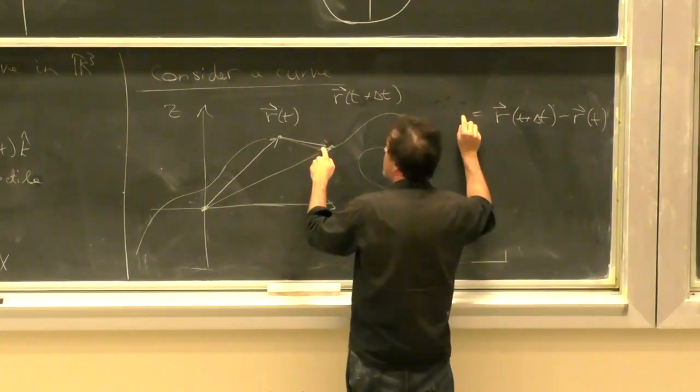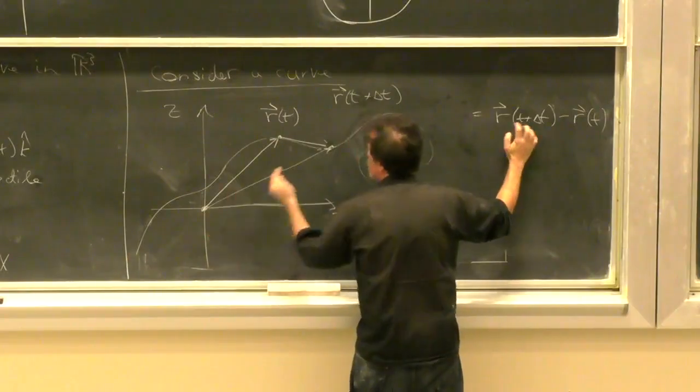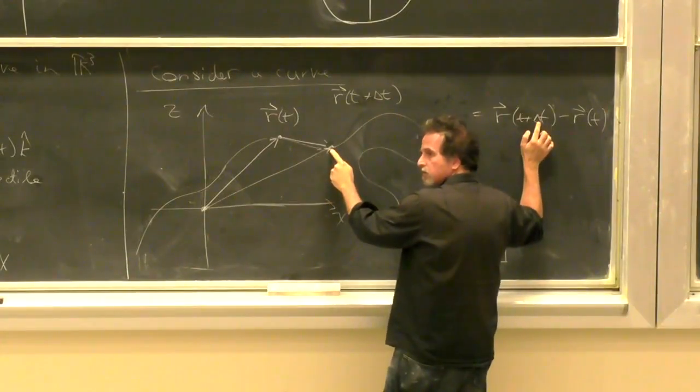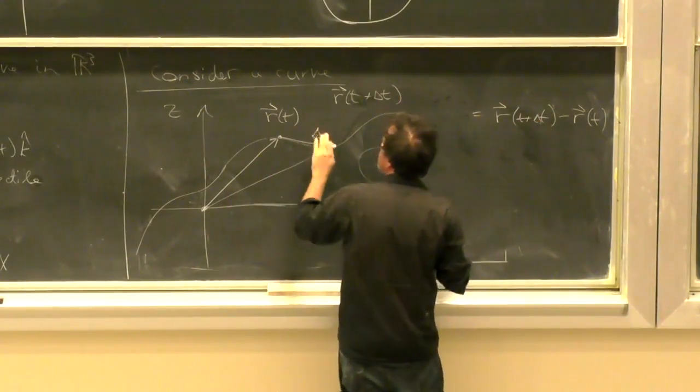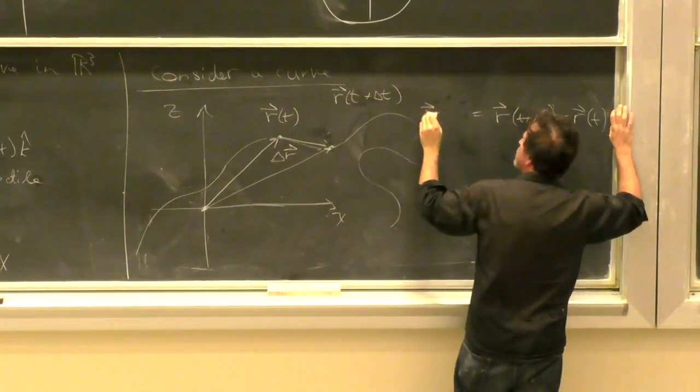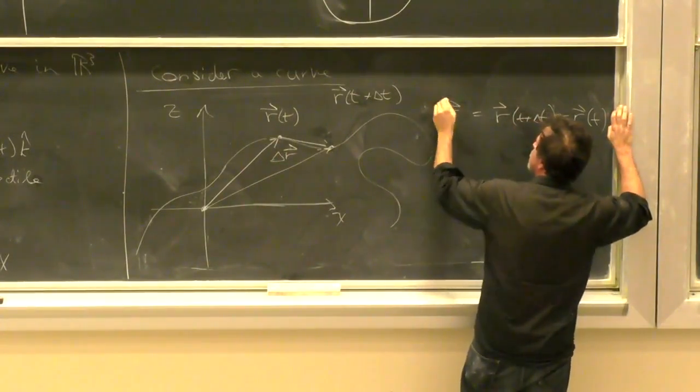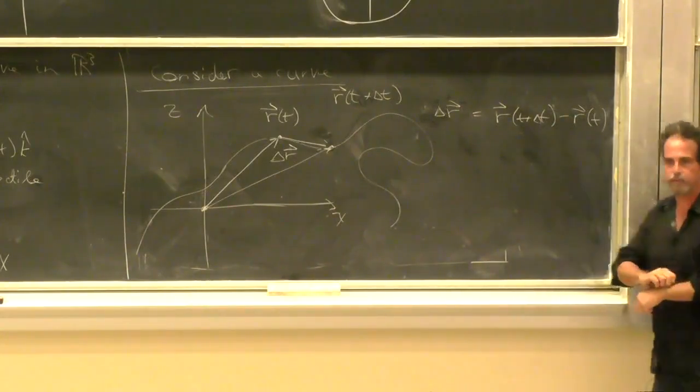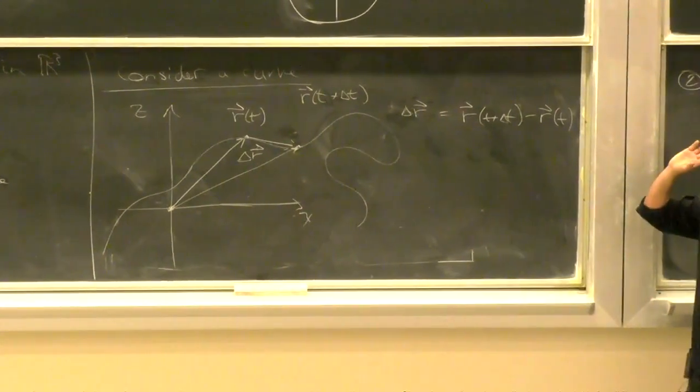And that would have been the same thing as going from the origin straight to r of t plus delta t. And so we call that delta r, because delta is used to denote your displacement. Okay? That's your delta r.